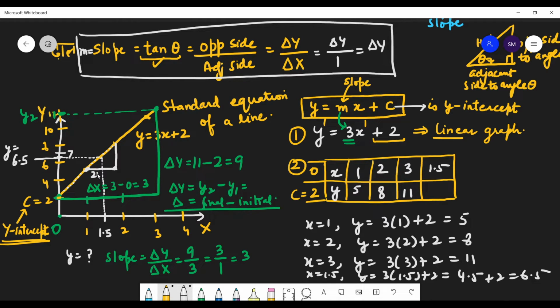So 2 minus 1 is 1, so delta x is 1 here. How much is the change along the y-axis? I started from 5 and reached 8. So final is 8, and the change is 8 minus 5, which is 3. So what will be the slope?